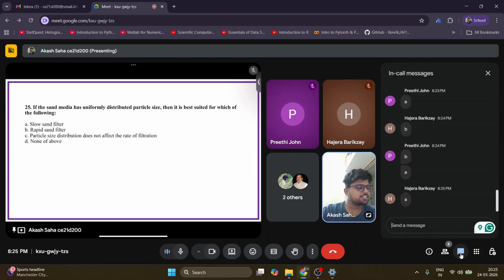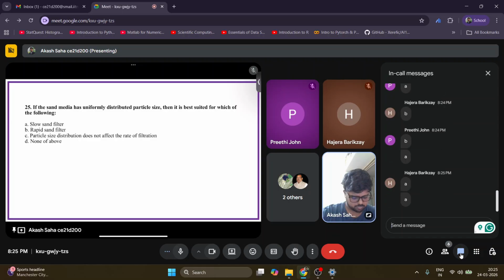If a sand media has uniformly distributed particle size, then it is best suited for which of the following? It is suitable for a rapid sand filter.